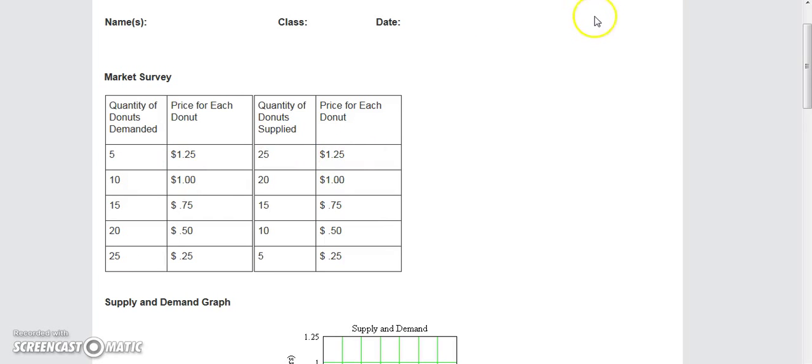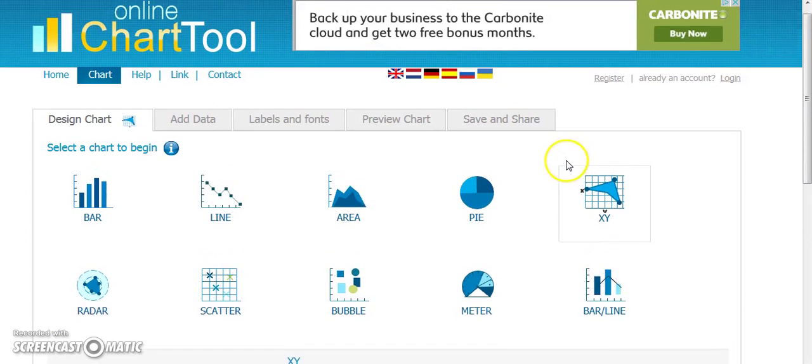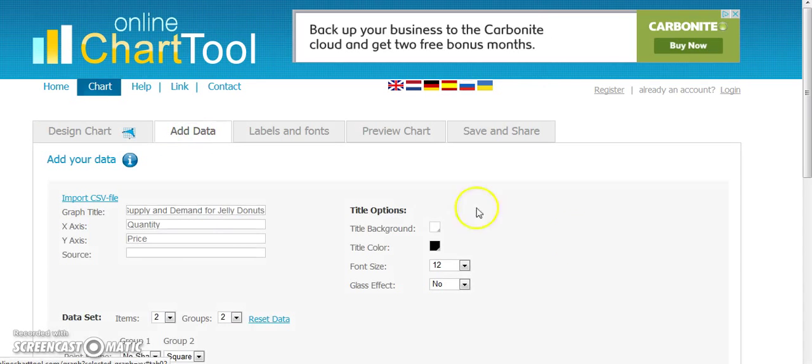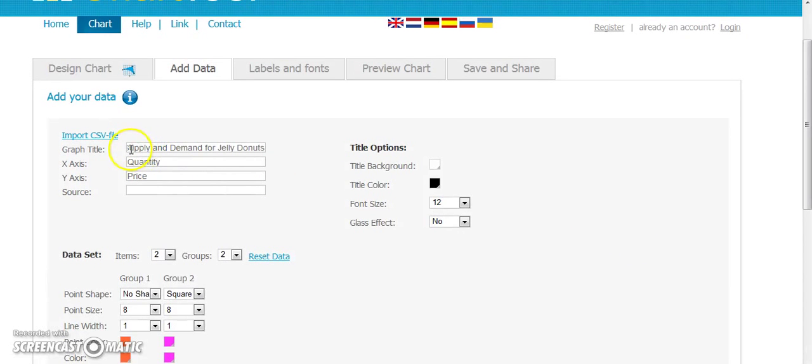So again, if you were doing this on that online chart tool, you go to the online chart tool, and then you would go to XY, and then when you add your data, you want to make sure that you're putting the graph title, which is supply and demand for jelly donuts. The x-axis is quantity.